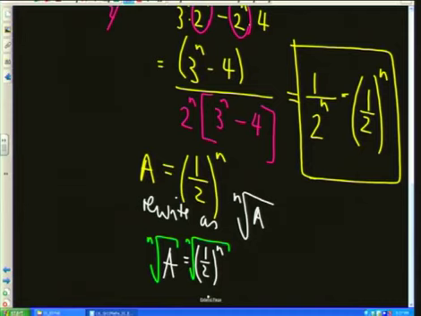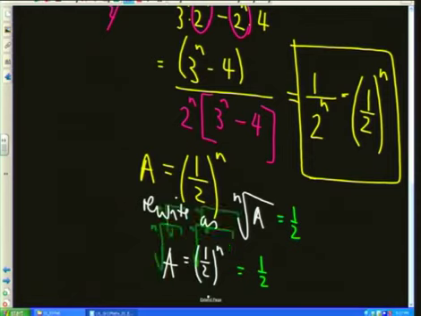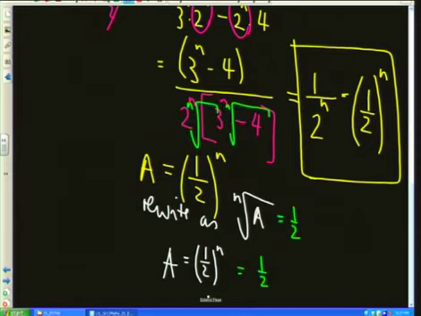So the nth root of that would be just equal to a half. So that value was just equal to a half. So remember, the n stands for the nth root, and in order to take the nth root of A, we would have to take the nth root on the right hand side as well, so we would then get just a half.